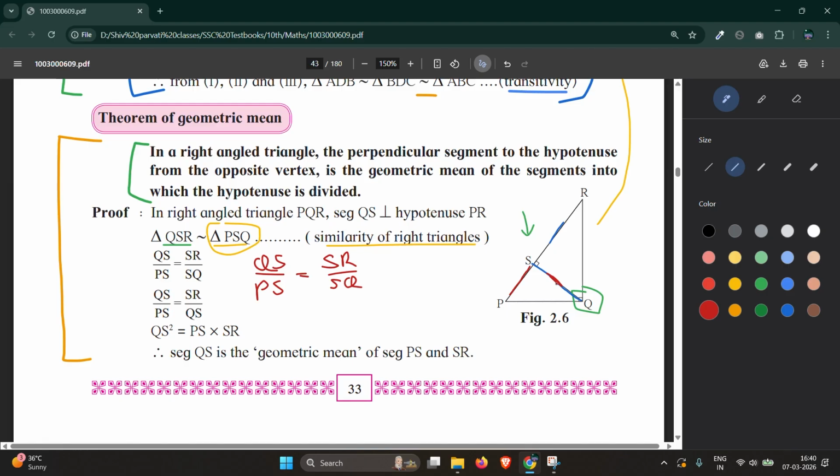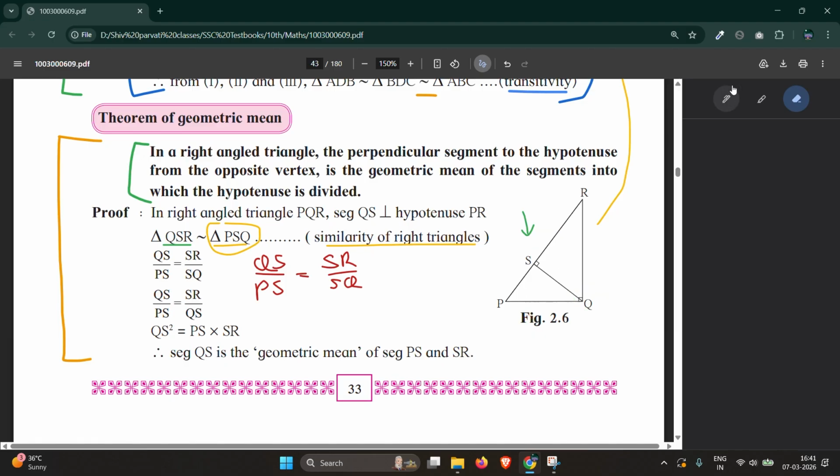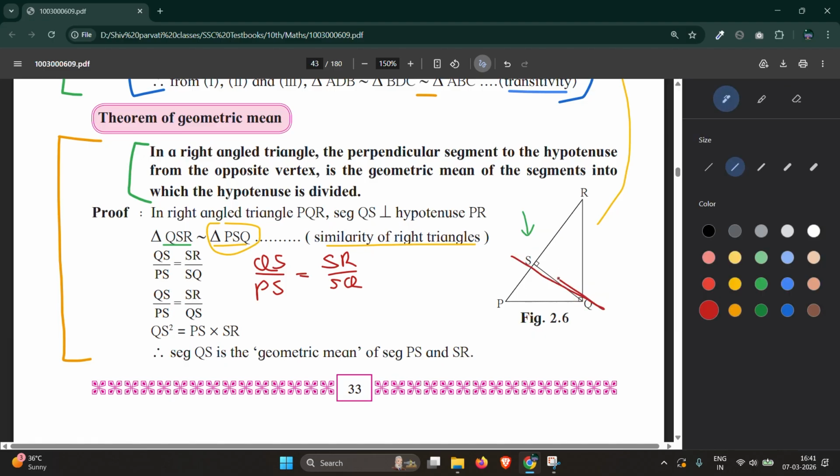Why? Because if you think about it, this triangle has the 90-degree angle over here, and this triangle has the 90-degree angle over here. So to get from this triangle to this triangle, you need to flip it on itself. If you think about this line as a crease on a paper, then if you flip this, you get the corresponding sides.